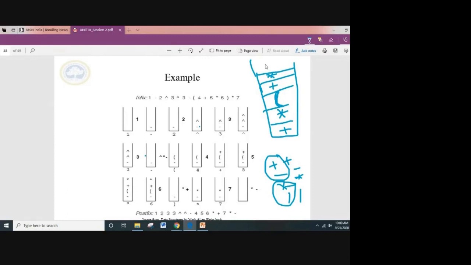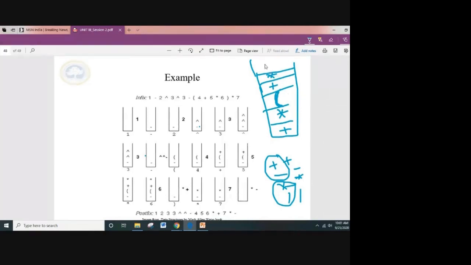Clear? Now when a close parenthesis comes, you have to pop all in this order: this will be popped first, then this. Clear now? Yes, ma'am.